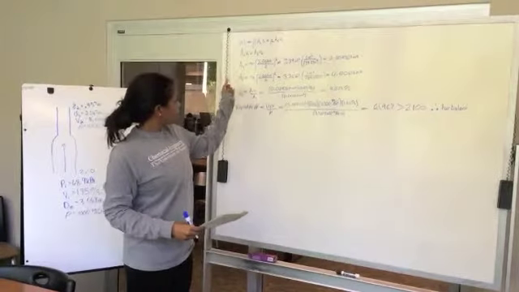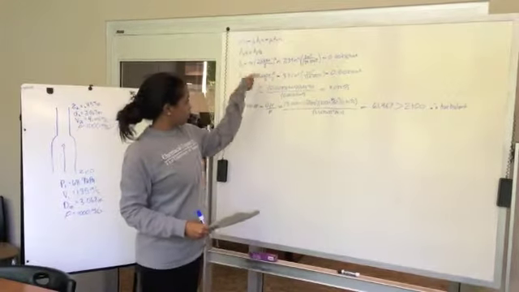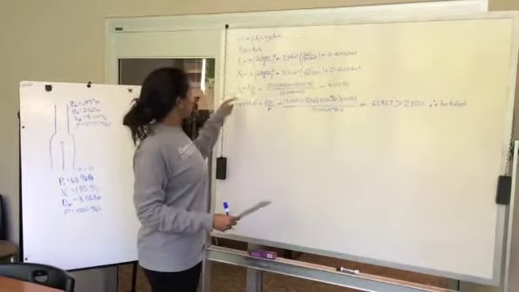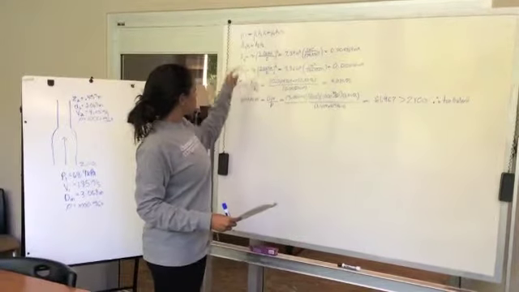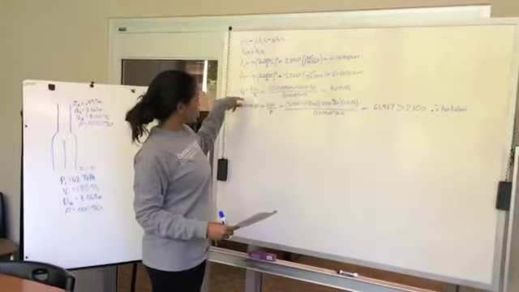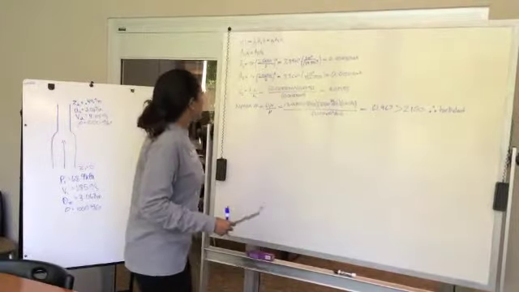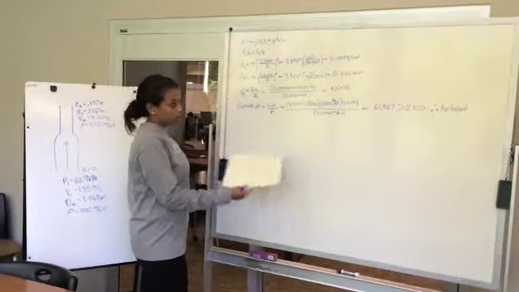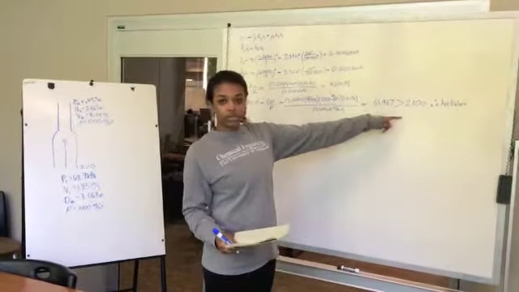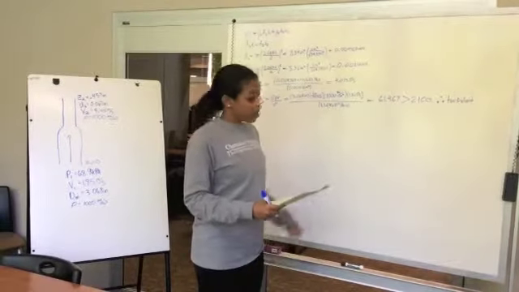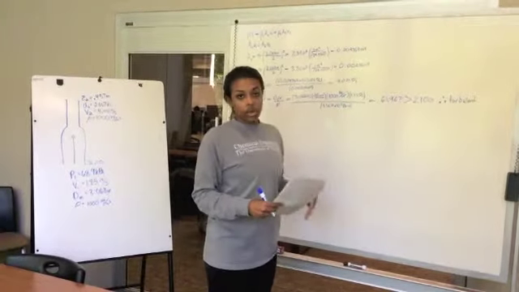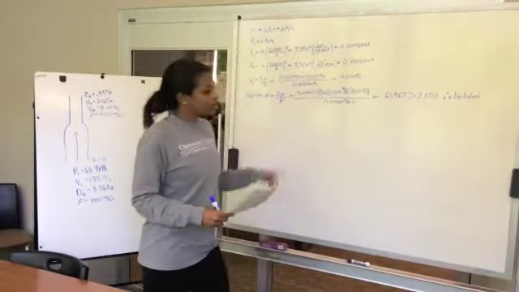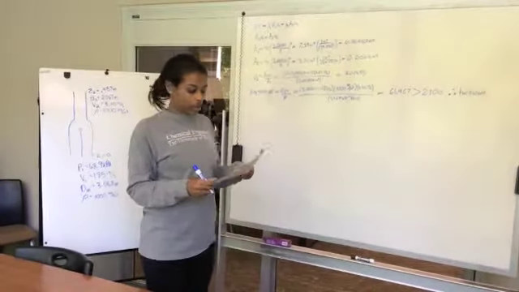From there, we solved for A1 and A2 using the diameters we were given. From there, we were able to use this equation to solve for V2 when we plugged everything in. After that, we found the Reynolds number and saw that it was greater than 2,100, making it turbulent flow. And this applies to part B also. Since it is turbulent flow, we can use Bernoulli's equation.